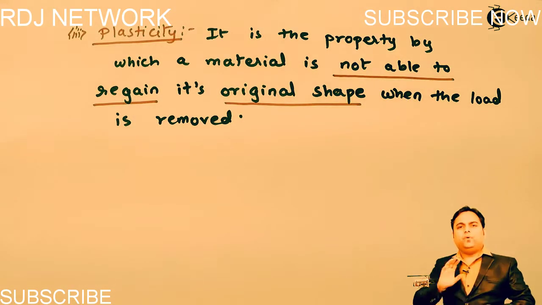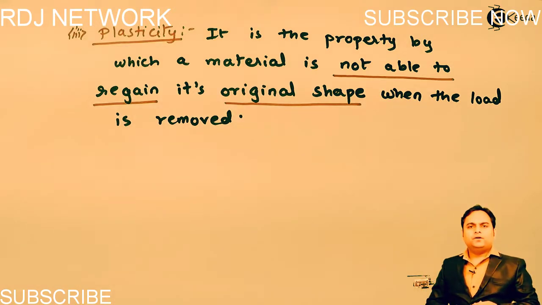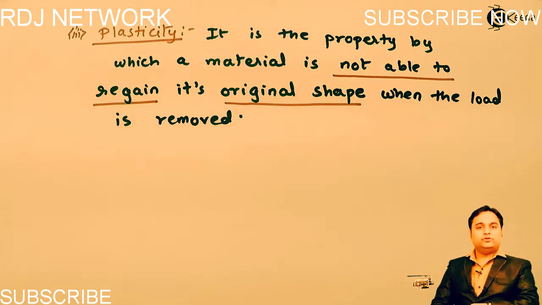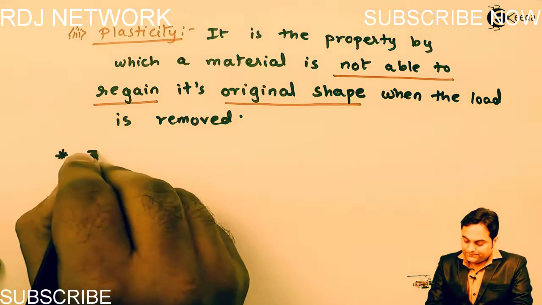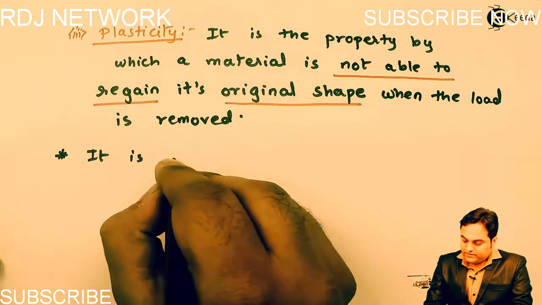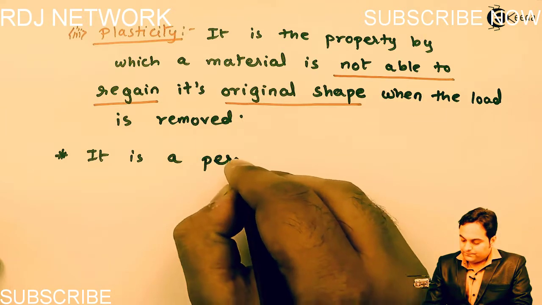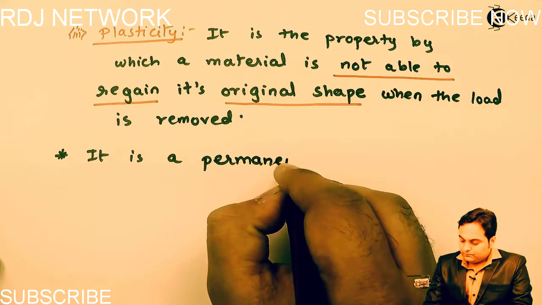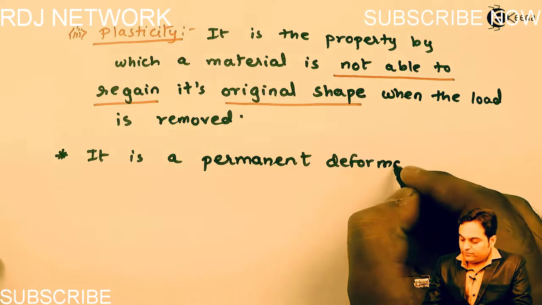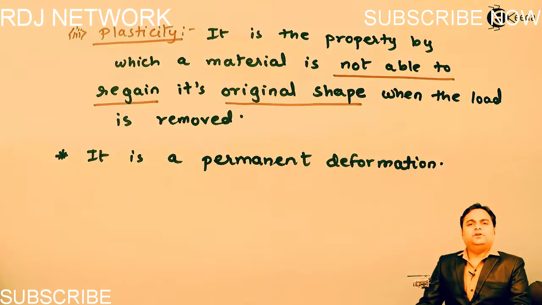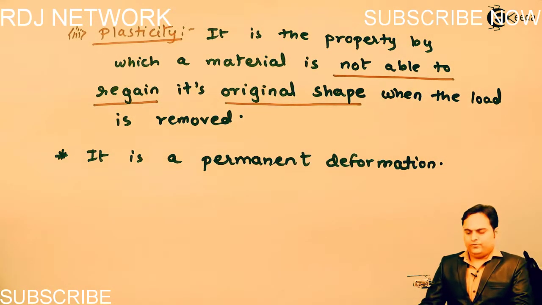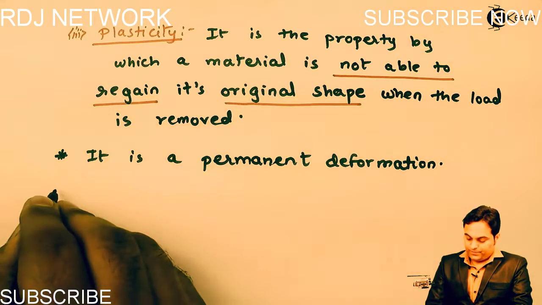That change in shape will remain permanently. So we have understood that plasticity is nothing but a permanent deformation, as the material is unable to regain its original shape, so it comes under the category of permanent deformation.